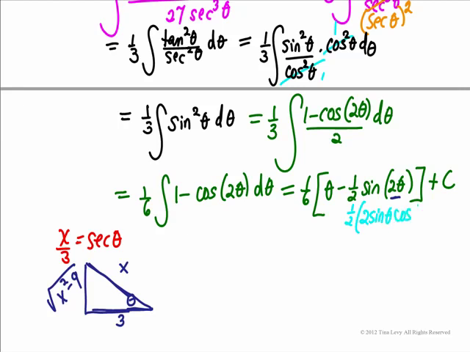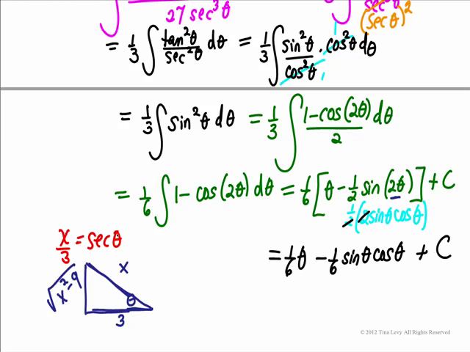Because our original key only has the angle theta, we have to change everything to that. So working the 1/6 through, I have 1/6 theta minus a 6 times the 1, so minus a 6 sine theta cosine theta. I'm now ready to use the triangle in this first sentence to get the missing theta and trig values.